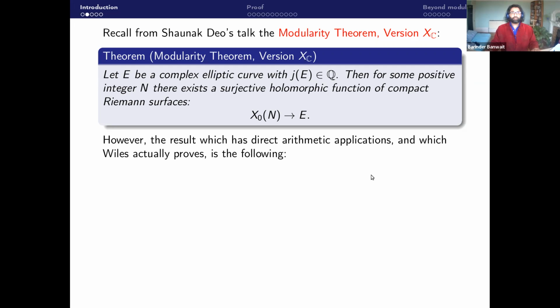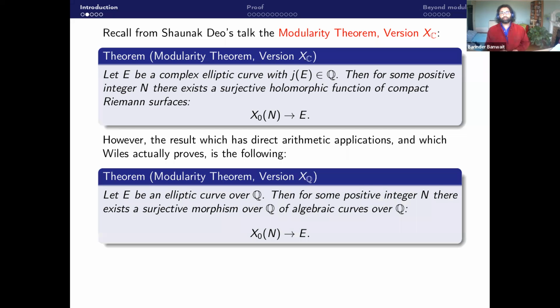So there was this version. There was another version in that talk, or the talk after, since Shaunak gave 2 talks, namely a version XQ. This is the one that actually has direct arithmetic applications, and the one that Wiles actually proves. So here you start with an elliptic curve over Q, and then for some positive integer n, there is a surjective map of algebraic curves this time, from X_0(n) to E. Here we are regarding X_0(n) with its algebraic structure, whereas before we were just regarding it as a compact Riemann surface.